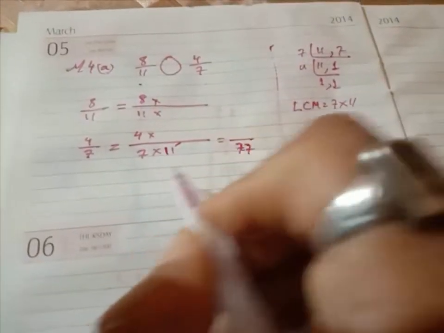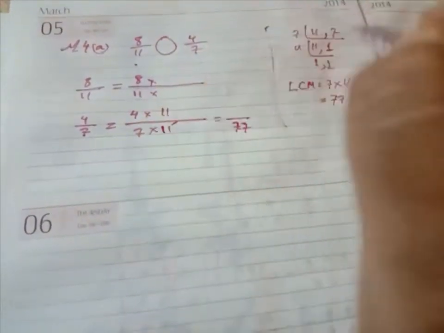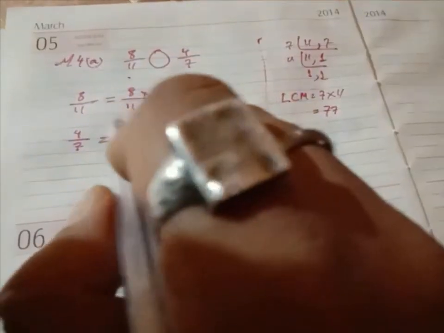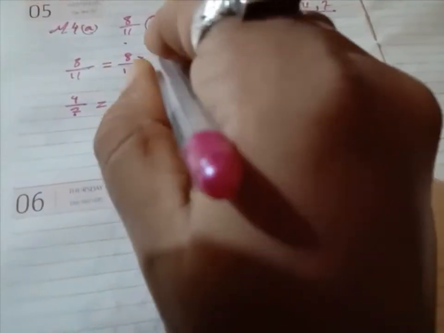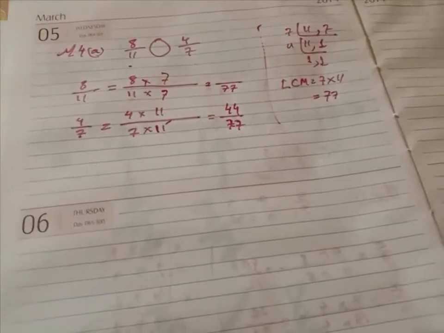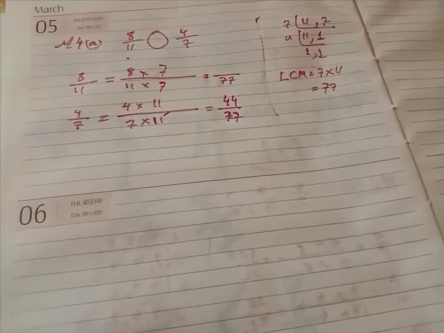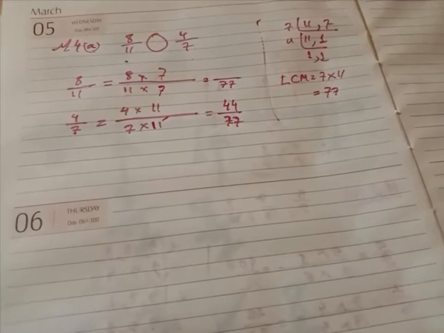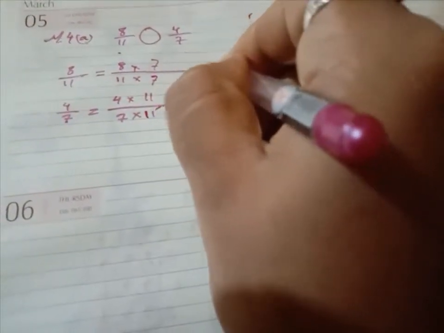Now since the denominator is multiplied by 11, the numerator also should be multiplied by 11, so it will become 44. Now 11 into 7 gives you 77, so in the numerator also we will multiply by 7. So 7 into 8 gives you 56.